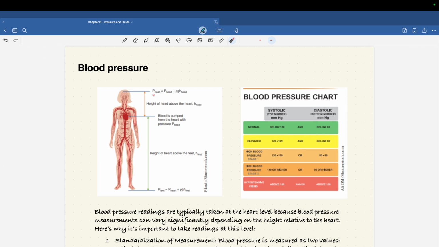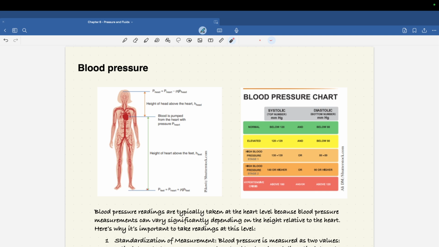Pressure at the brain or at the head is pressure at the heart minus rho g h, where h is this height. See? So for very tall people, obviously, the heart has to work more to take that blood up to the head because the height is bigger.